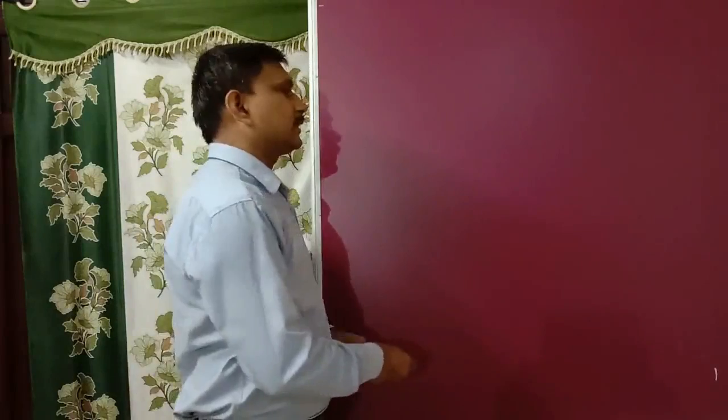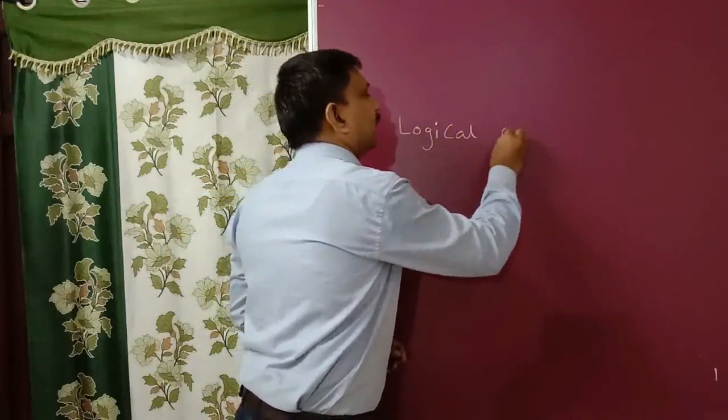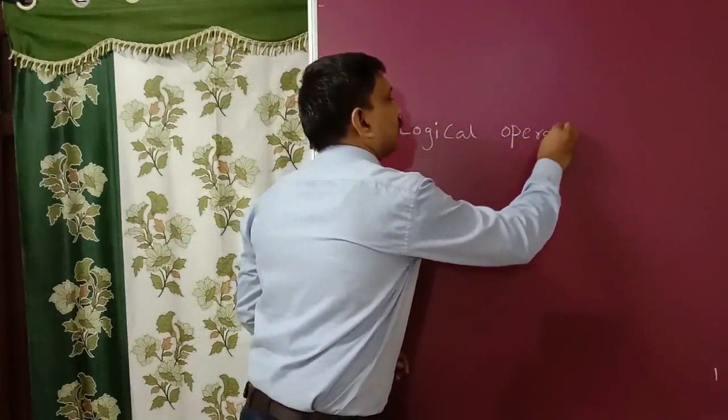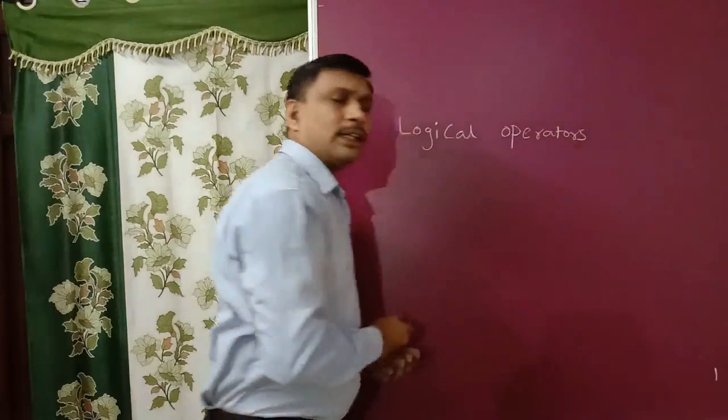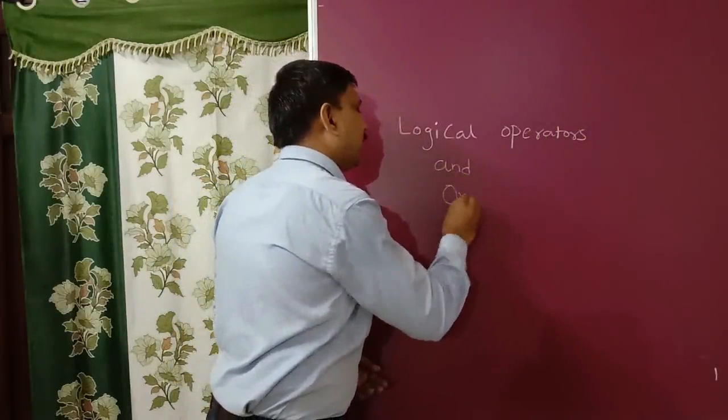Coming to the operators topic, we discussed arithmetic operators, relational operators, identity operators, and last class we discussed logical operators. The logical operators are and, or, not.